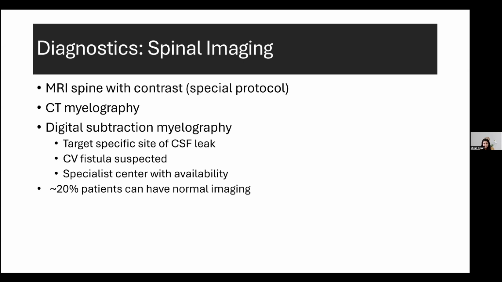And so it's not readily available everywhere. One pro in terms of the CT myelogram is that you don't expose the patient as much to ionizing radiation. But again, the digital subtraction myelogram is a little bit better and more specific in terms of imaging modalities.